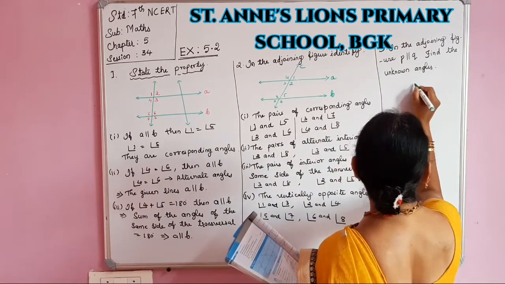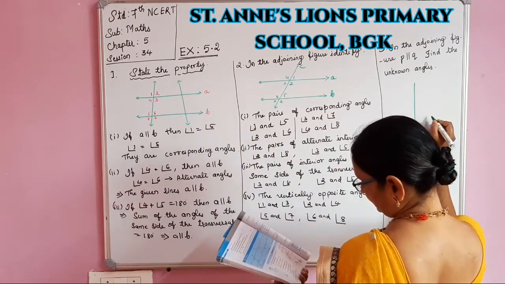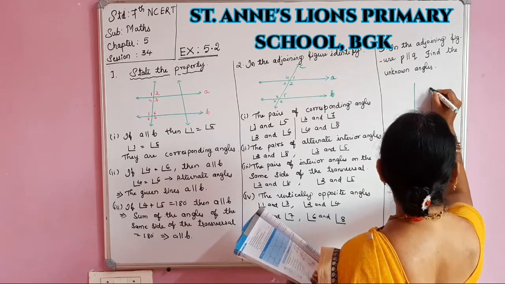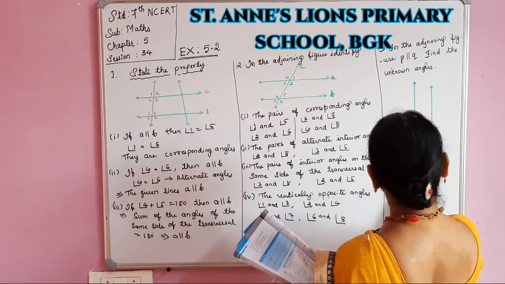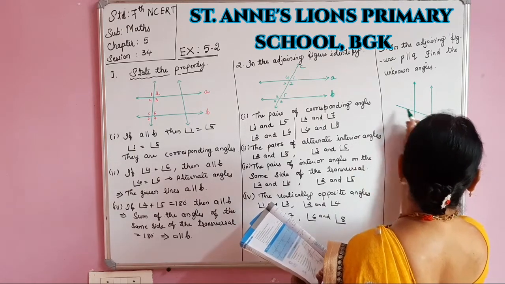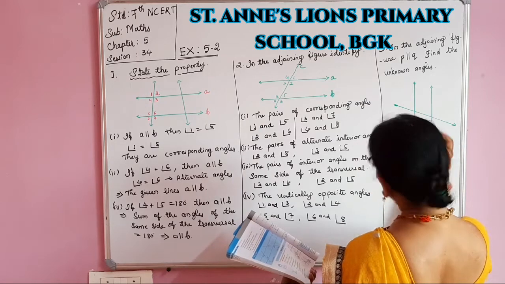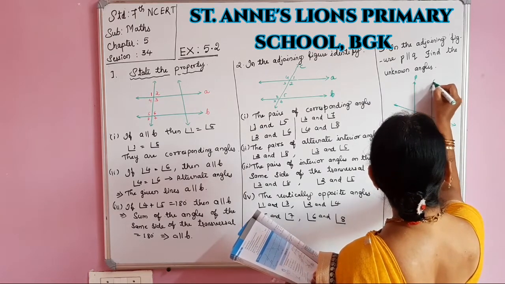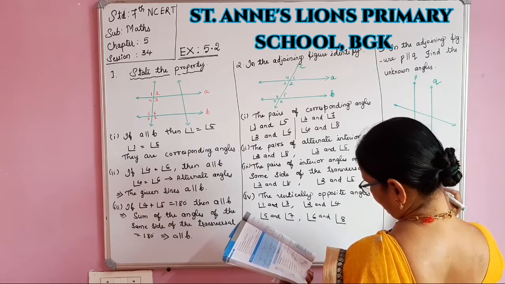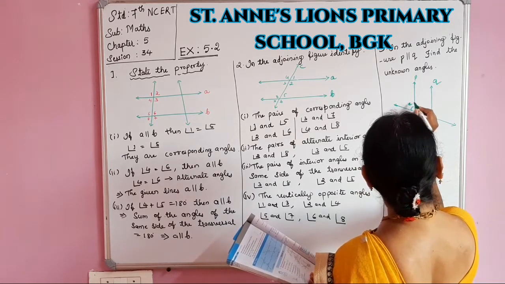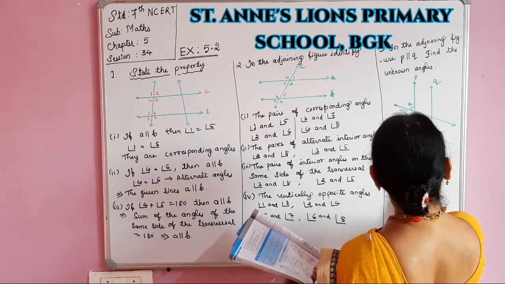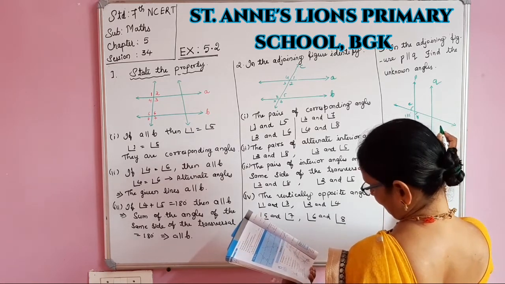So neatness is very, very important, students. Please maintain it. So these two are parallel lines P and Q, and this is the transversal. Then angles E and F, and this is 125 degrees.